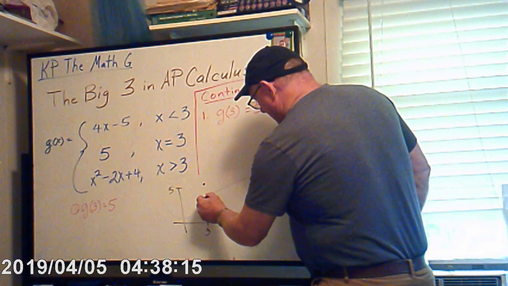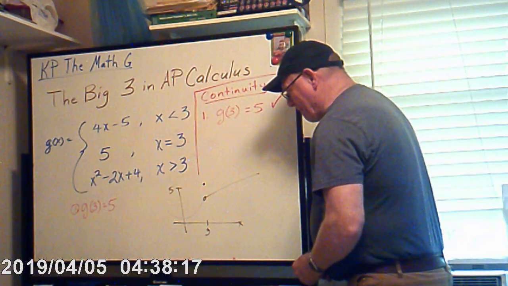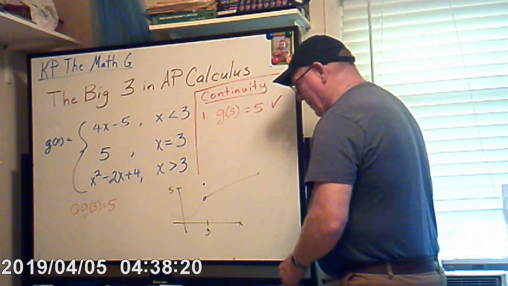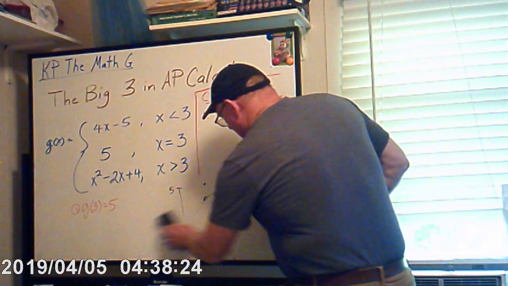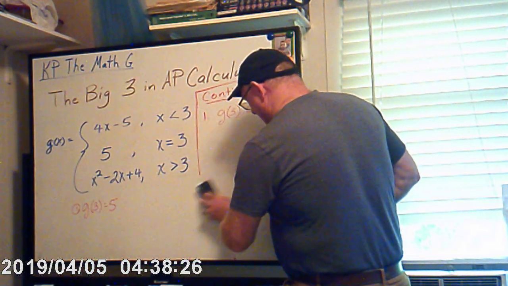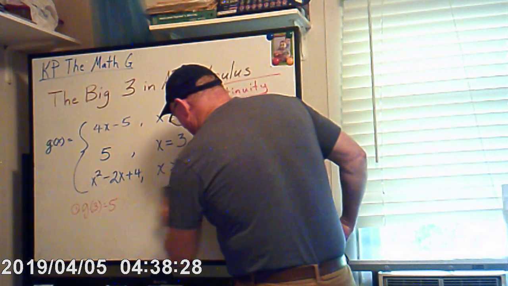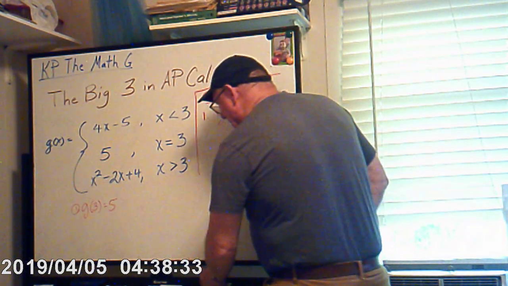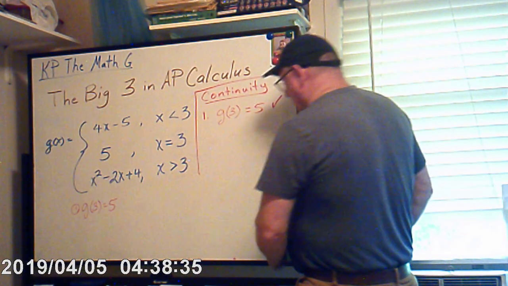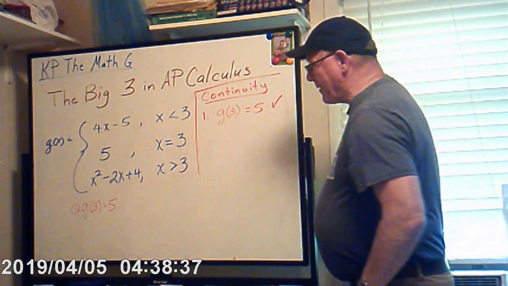This is probably going to be an open circle right here. Okay, so that won't work. I need to get some more markers, my markers are getting weak. Alright, but the first rule is g at 3 equals 5.